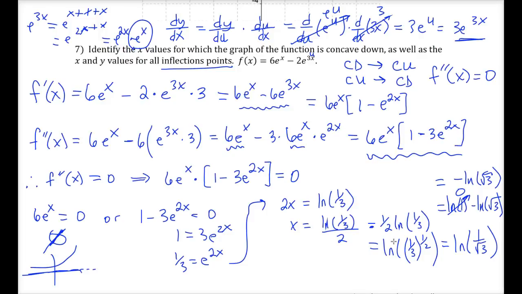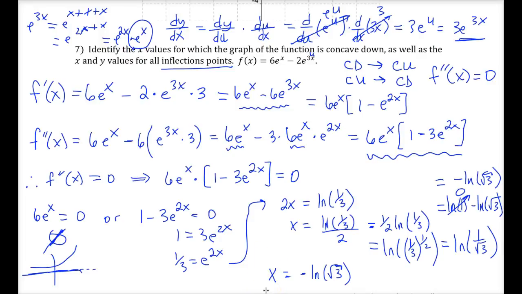Okay. And so we have x is equal to negative natural log of square root of 3. And so this would be the location of our inflection point.